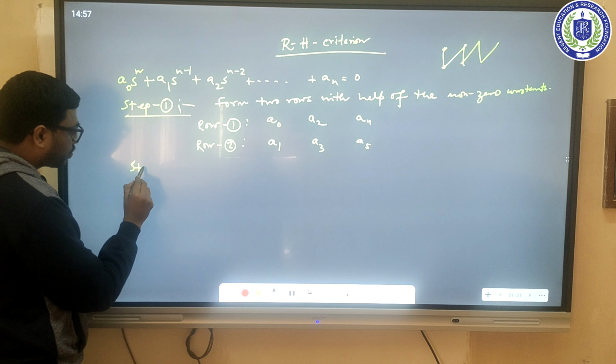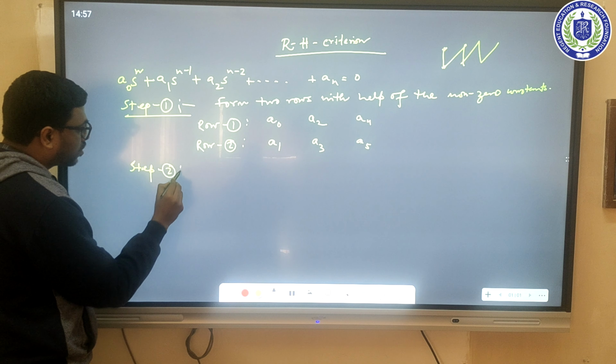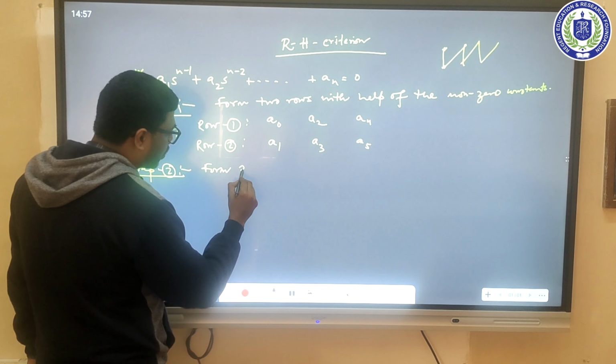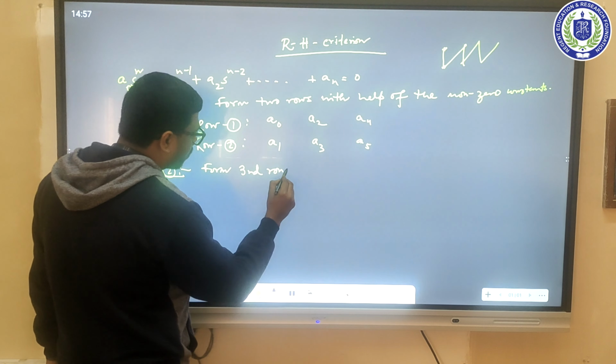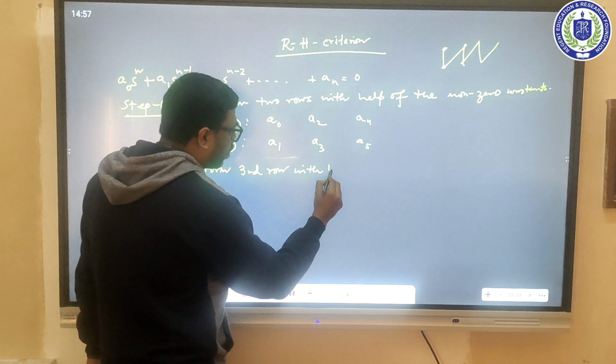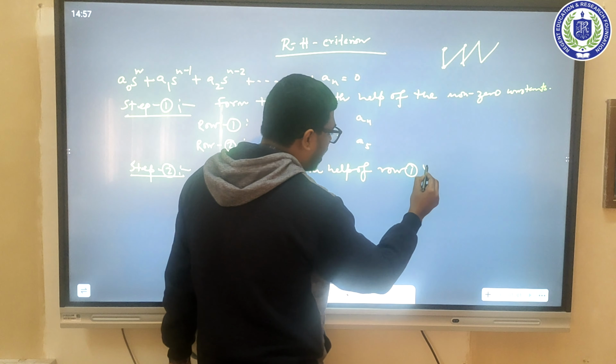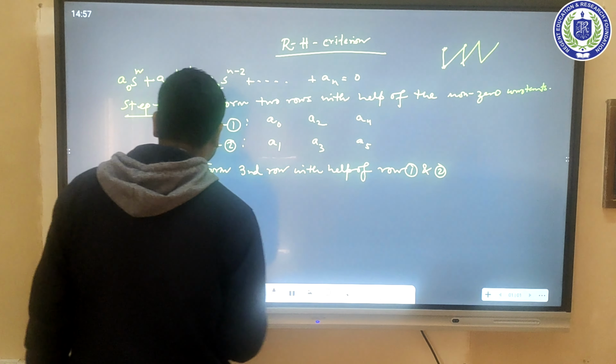Step 2: form the third row with the help of row 1 and row 2. Row 1 already exists.